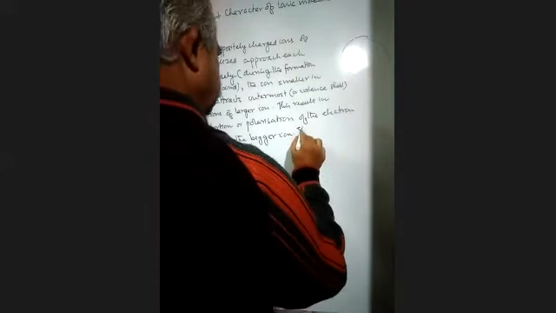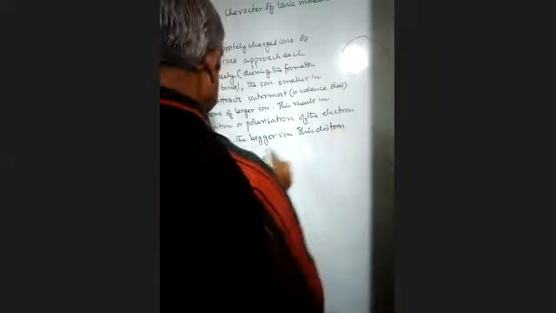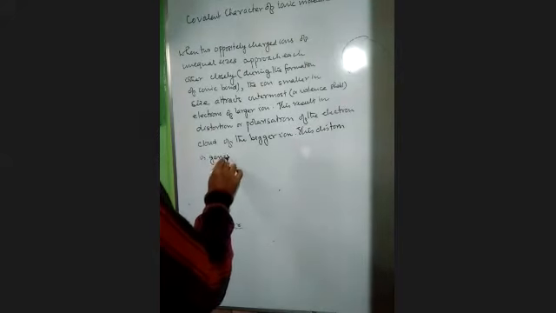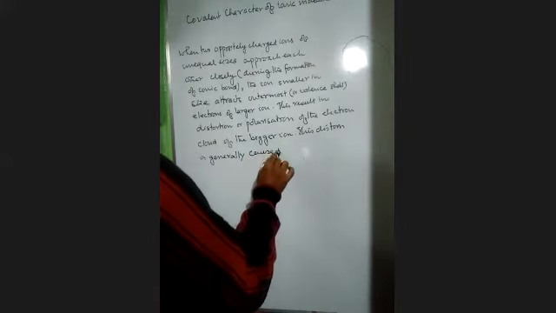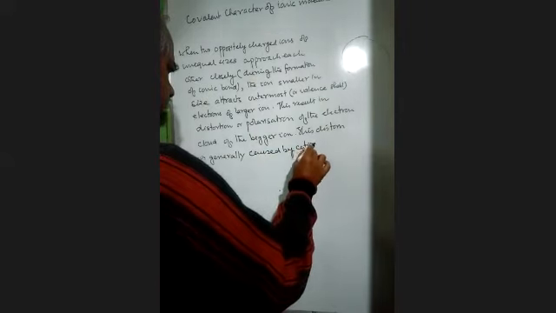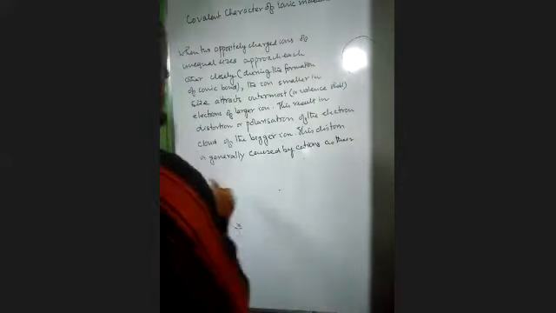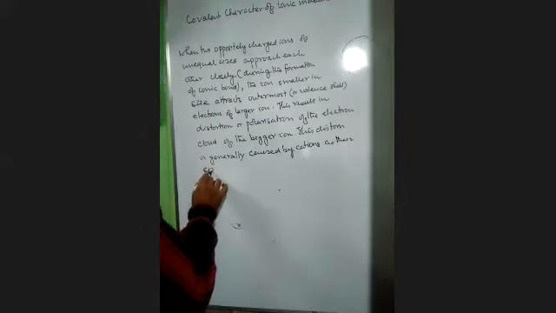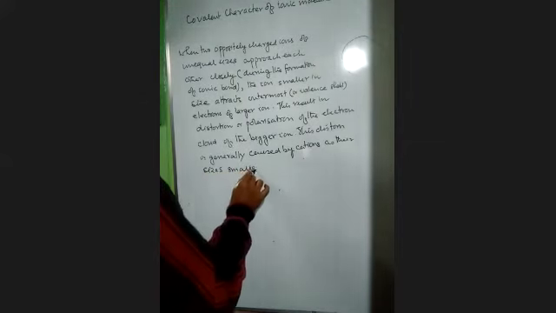This distortion is generally caused by cations, as we already know their sizes are smaller. Why are their sizes smaller? Because of high effective nuclear charge.